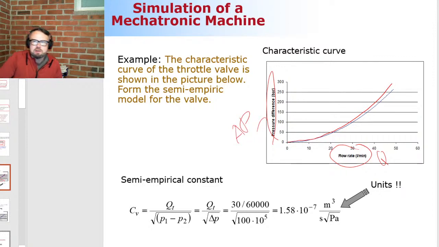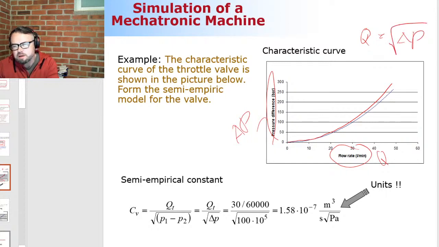The characteristic curve, as you can see immediately, is a quadratic curve. So obviously we're speaking about turbulent flow, because this relation between flow and pressure difference is quadratic. So Q is under the square root of delta P, or you can put it the other way around: Q to the power 2 is delta P. So that's how it goes.